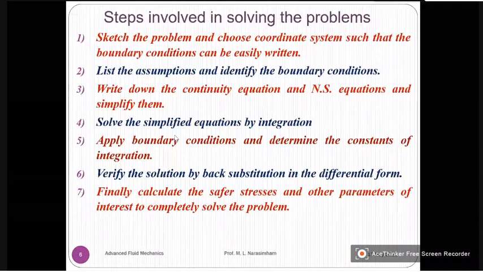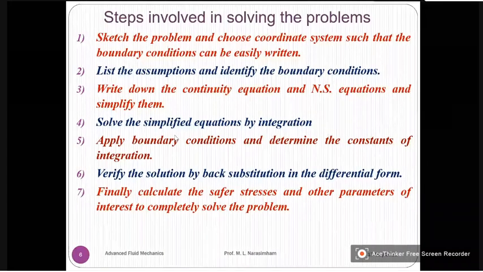Now let us go to the generalized procedure for solving these practical applications. So first of all, you have to sketch the problem and choose the coordinate system such that the boundary conditions can be easily written.